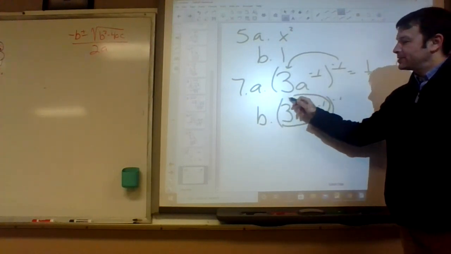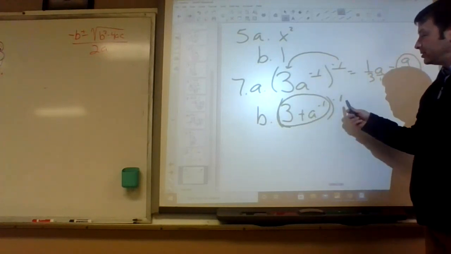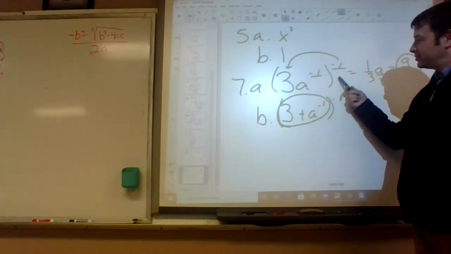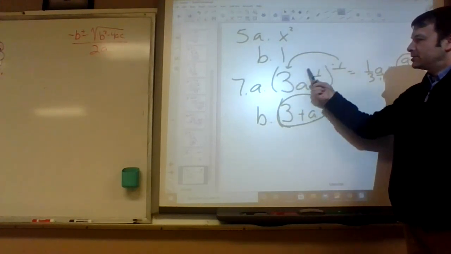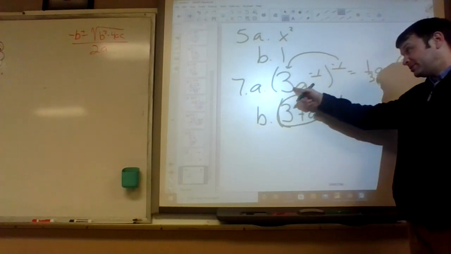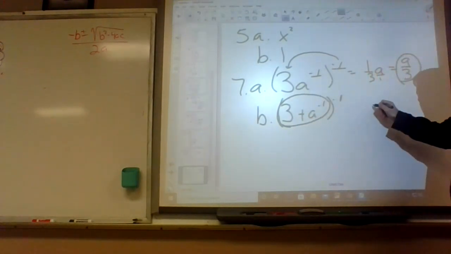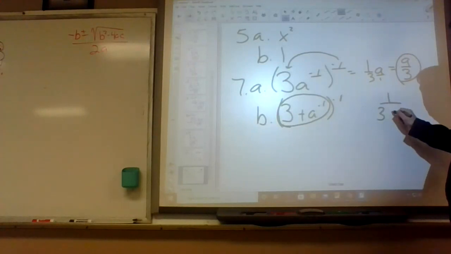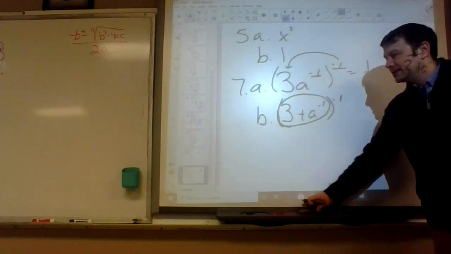You guys see the difference on these 2 problems? The first is just 1 term to the negative 1. So when you're multiplying, it's much simpler. But if there's 2 terms, you could say it's 1 over 3 plus a to the negative 1, but that's not really simple.